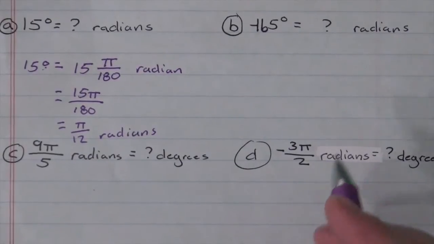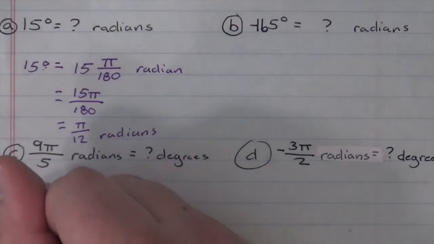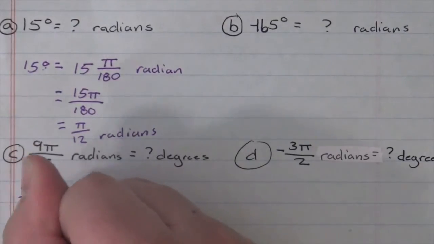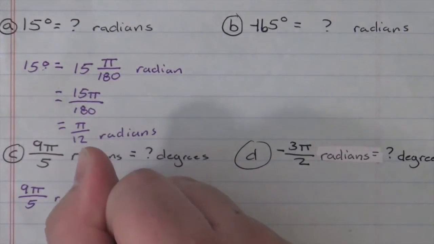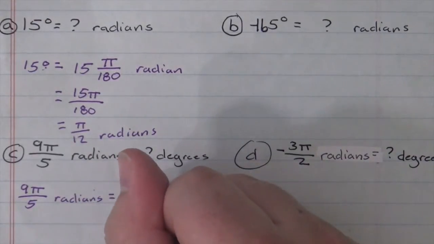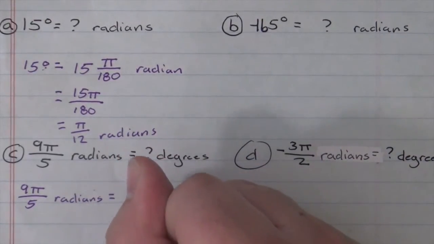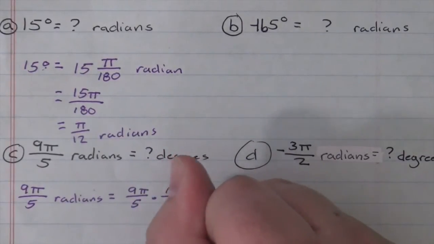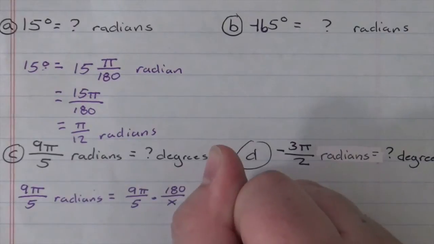So we're going to plug that in. What was our radians? Well, we know that we have 9 pi over 5 radians, and that's going to be equal to 9 pi over 5 radians times 180 over pi degrees.